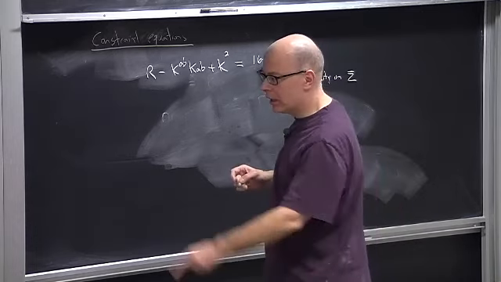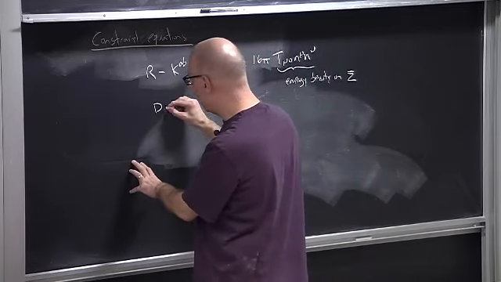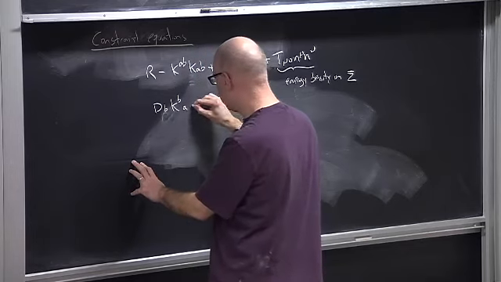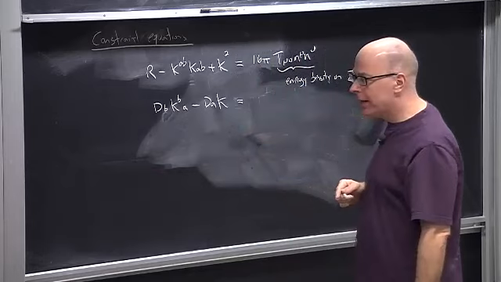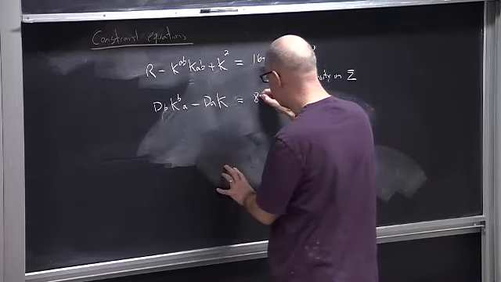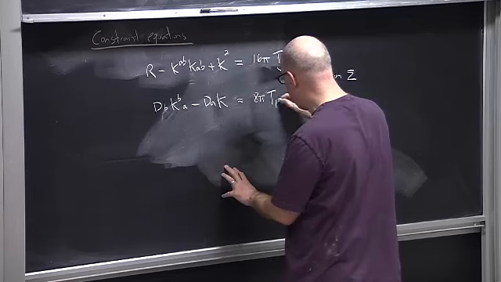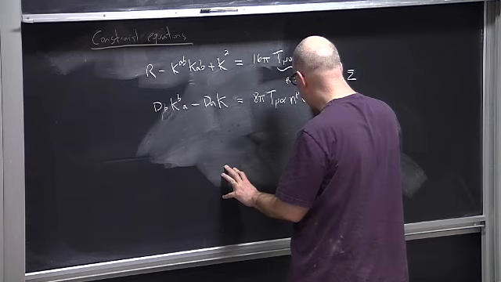And the other part of the constraint equations is the other one over here, which says that the divergence of K minus the derivative of the trace of K has to be equal to 8 pi times the normal-tangential components of the energy momentum tensor.